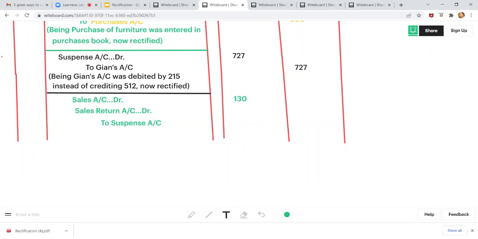The debit amount will be 130, here also 130, and here 260. And here we will write the narration as being sales returned by Jian was wrongly entered in the sales book. Okay. Now rectified.